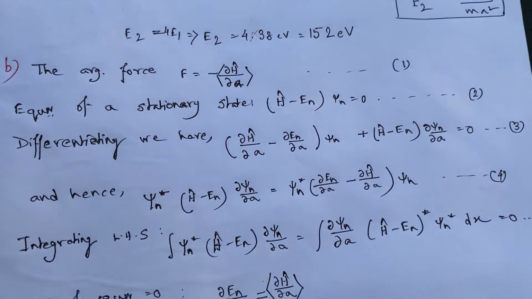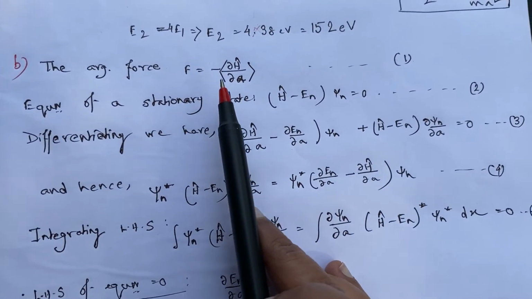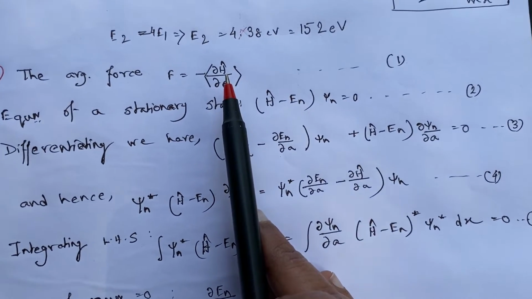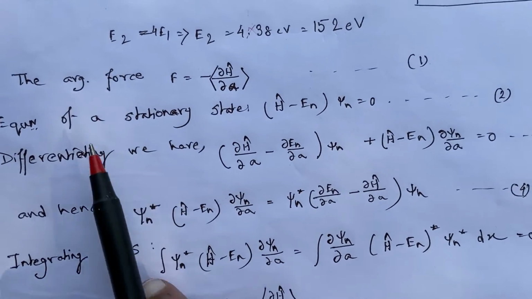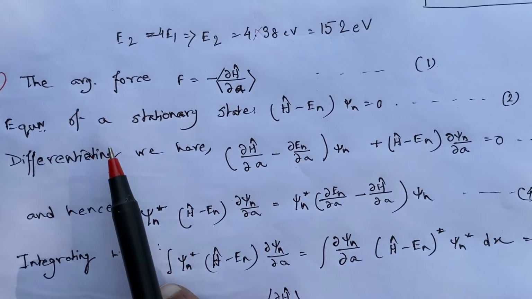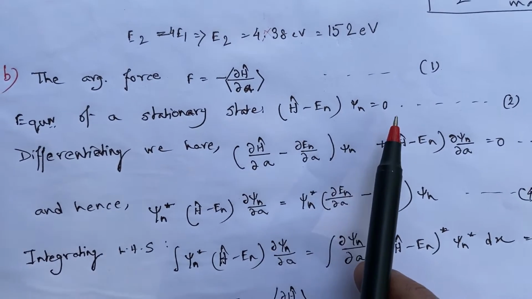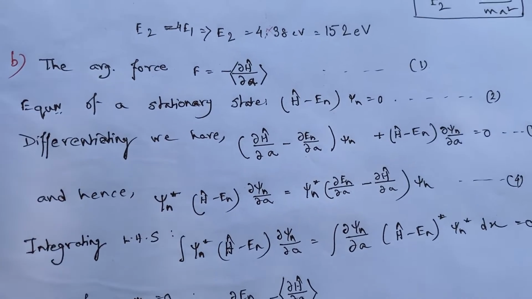Now we know that this is the expression for the average force, F equal to minus del del A of the Hamiltonian H. This A is the dimension. And we have the equation of stationary states, this is our familiar time independent Schrödinger equation.